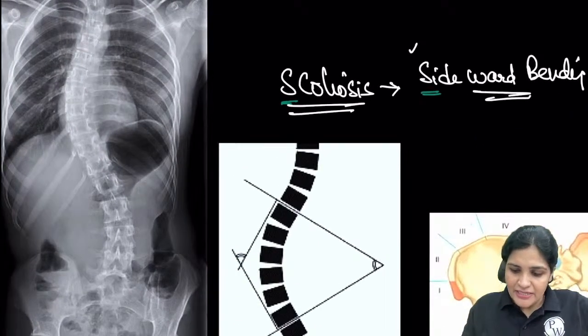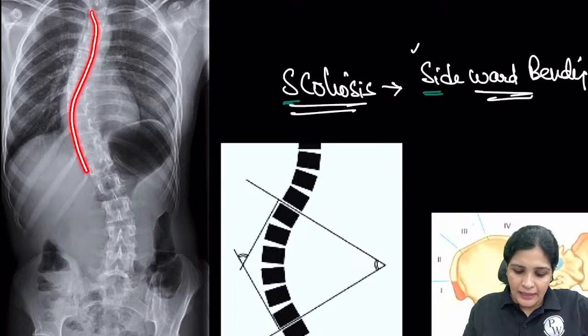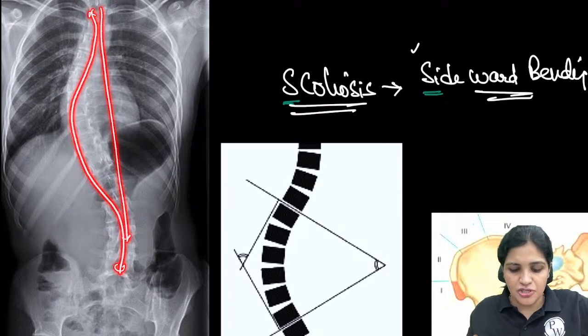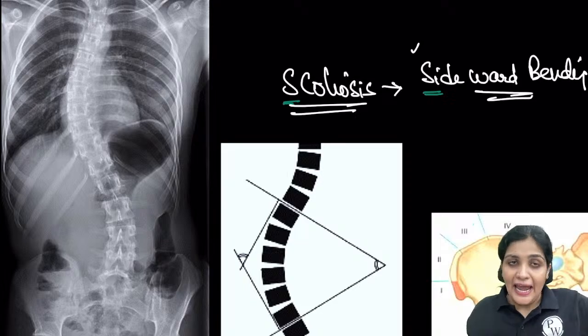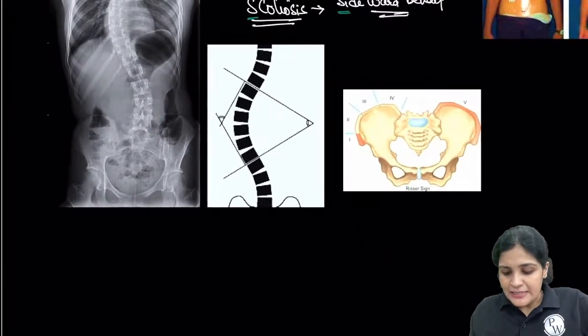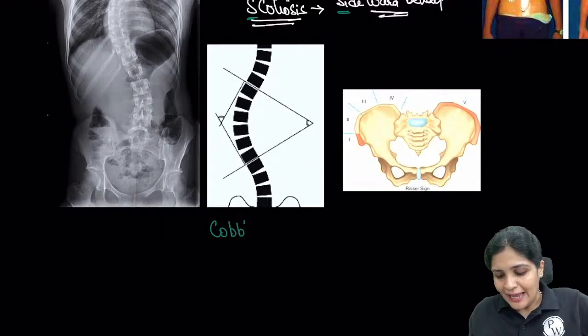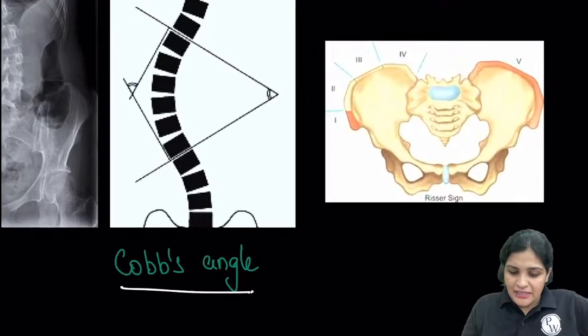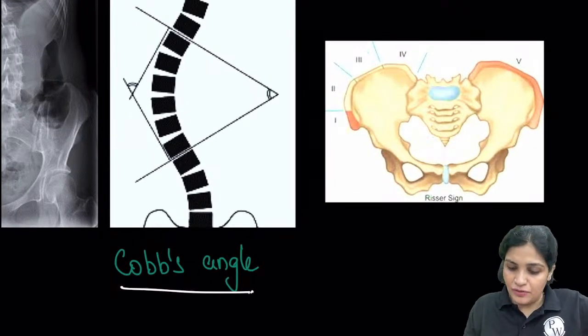Understood? Now you can see in this particular X-ray, this is your scoliosis. The spine usually has to be straight, which is not straight here. Now what is important for us from the exam point of view? This is called the Cobb's angle. So what is a Cobb's angle? Whenever you see there is a bend, this is the angle of curvature.